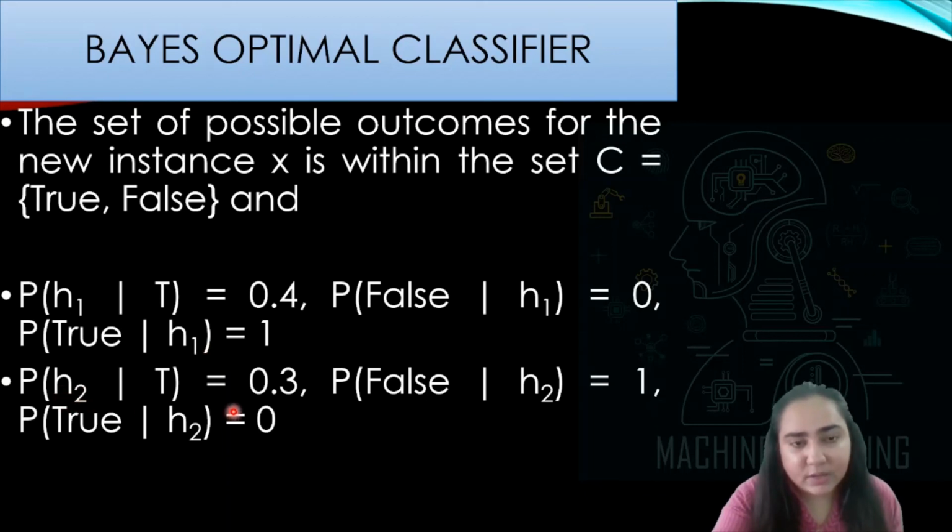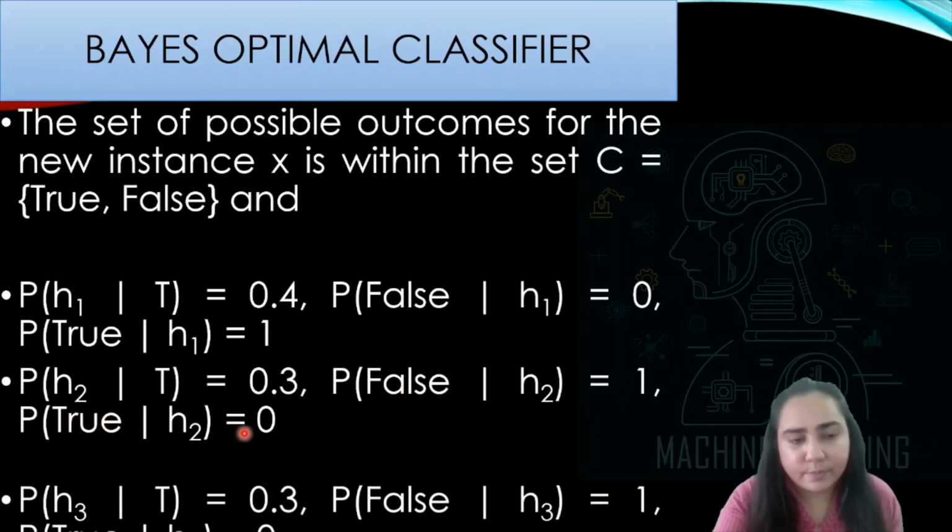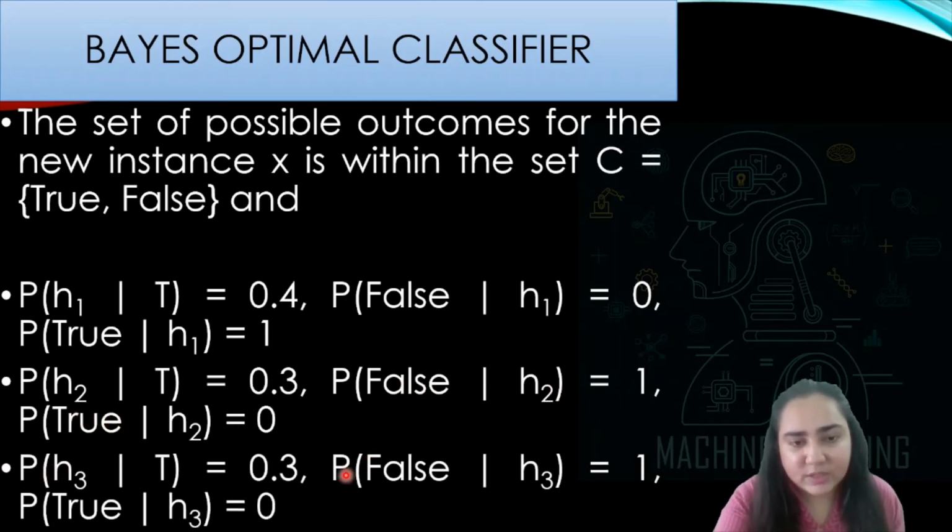H2 is saying that x is false. It classifies x as false. So that's why it will fall here as x given h2 equal to 1 for false, and otherwise the true value will be 0. And for h3, we can say with the probability 0.3 that false is 1, but true is 0.